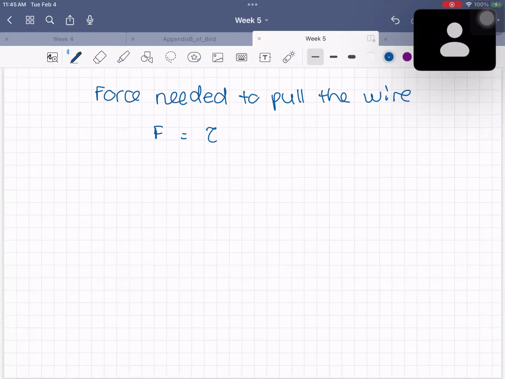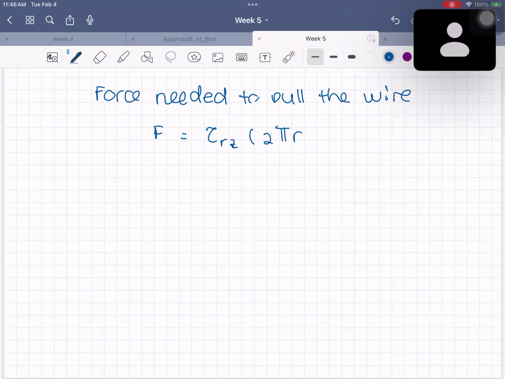So it will be equal to tau rz times area. What is the area? The area would be 2 pi R1 or R2?